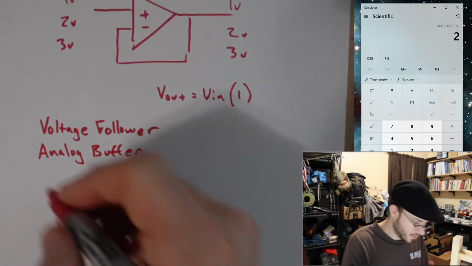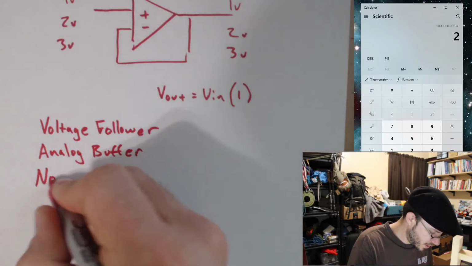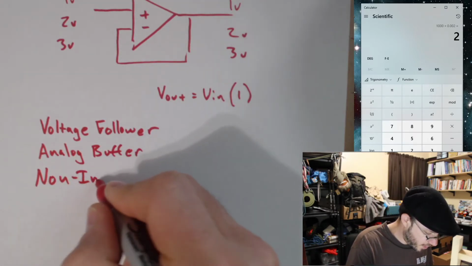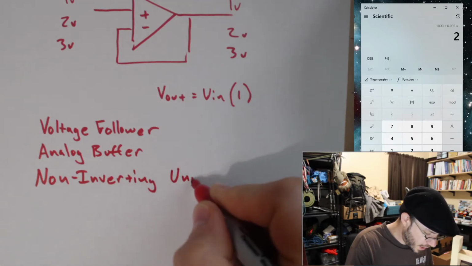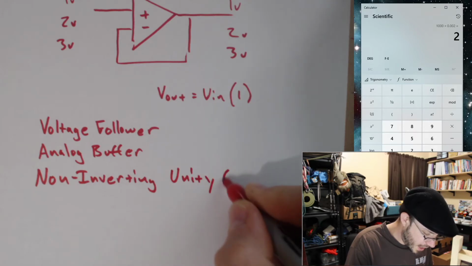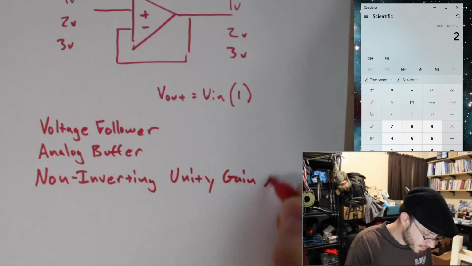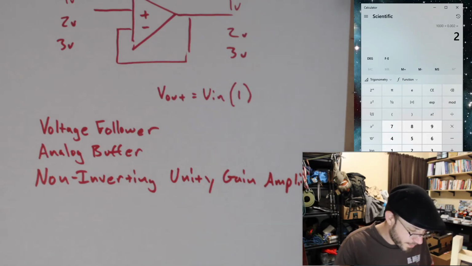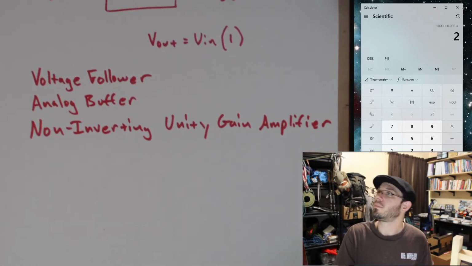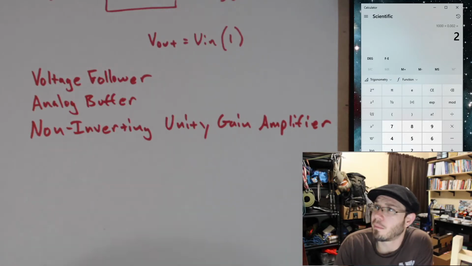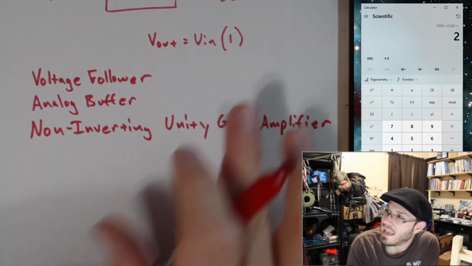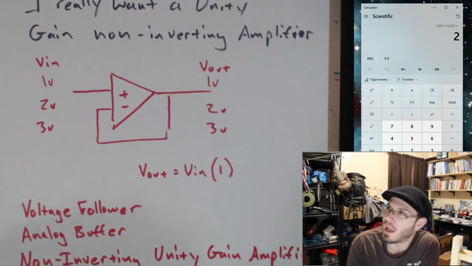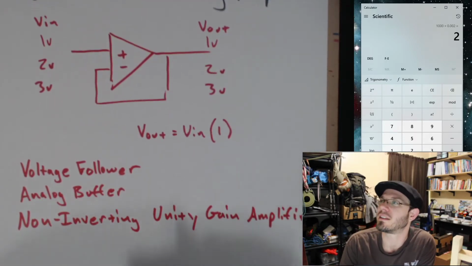Or non-inverting unity gain amplifier. That's a mouthful. Voltage follower, analog buffer, non-inverting unity gain amplifier. All three names describe the functionality of this.